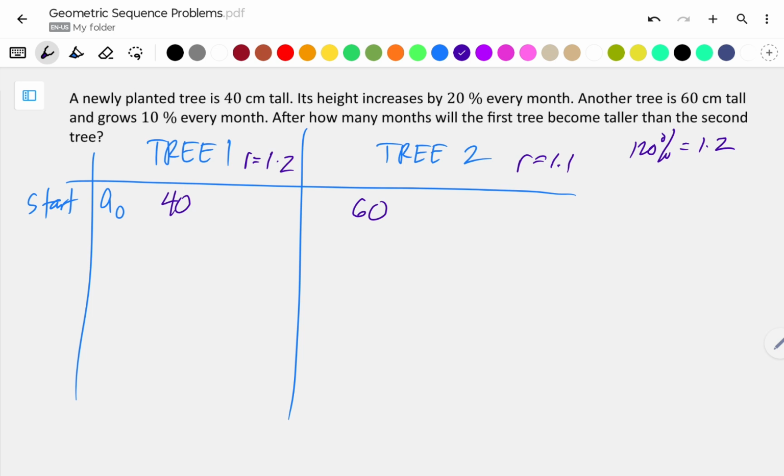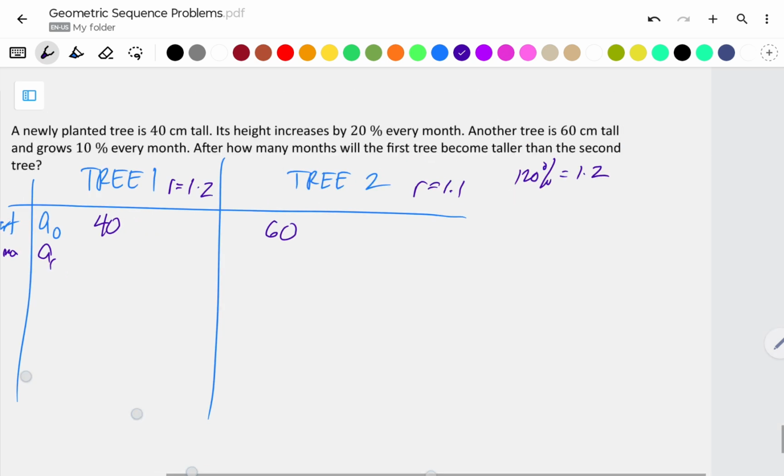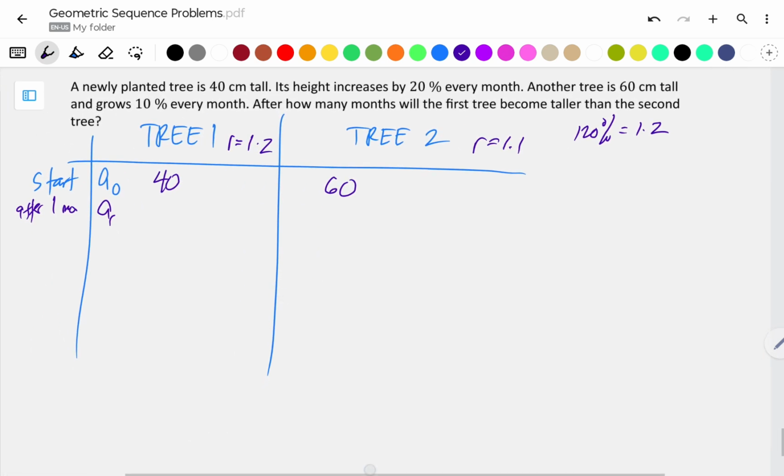Okay, after how many months will the first tree become taller than the second tree? Let's do this manually. So after 1 month, so A sub 1, that's 40 times 1.2, that's going to be 48. How about tree number 2? 60 times 1.1, that's going to be 66.